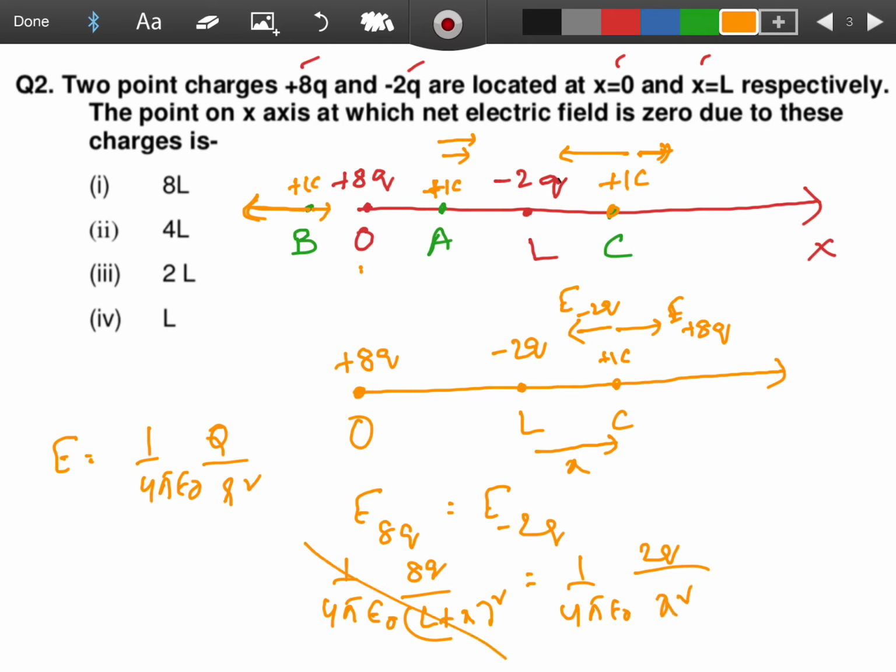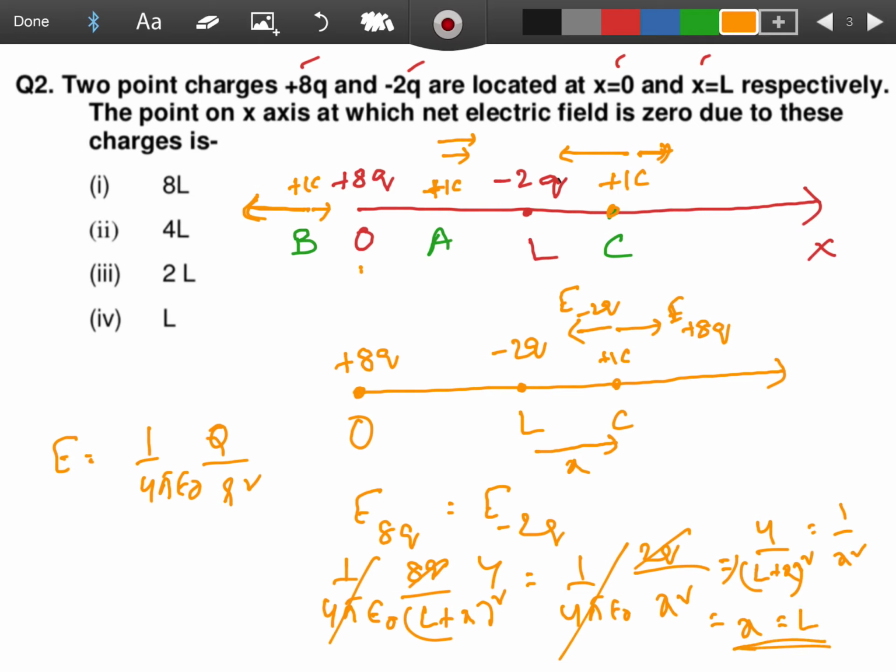So this one gets cancelled, 2q into 4. So you are left with 4 by (L plus x) whole square equals 1 by x square. So when you do square root and all, what you will get is the x value, you will get L.